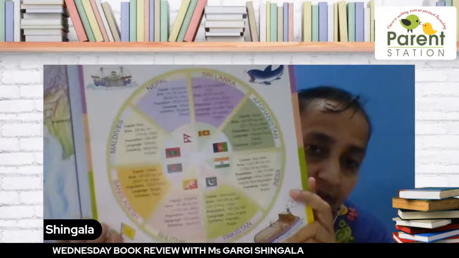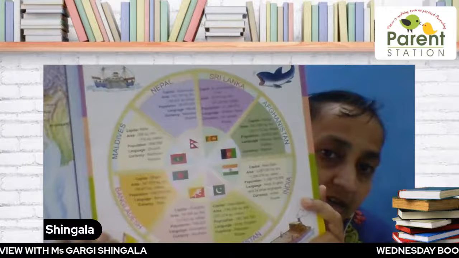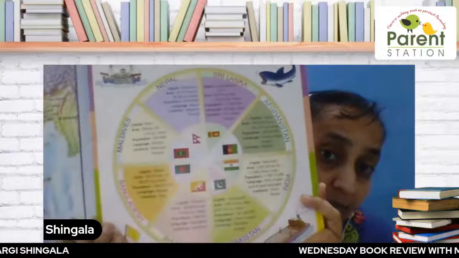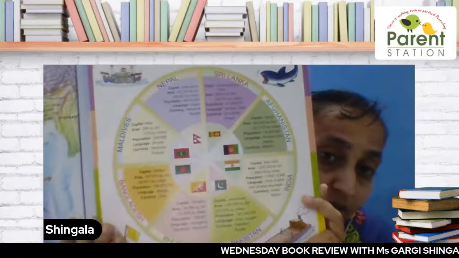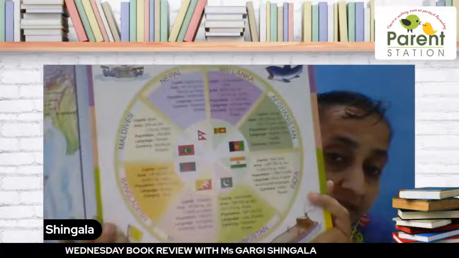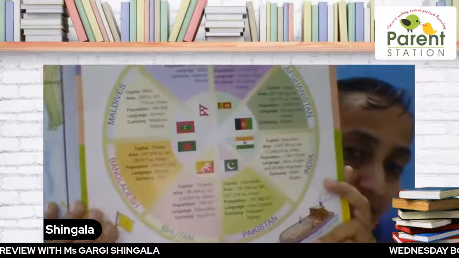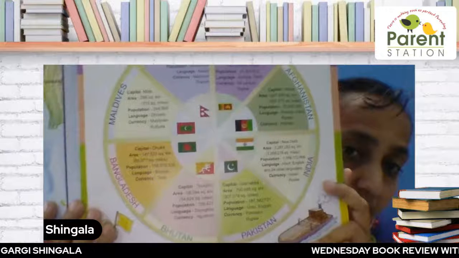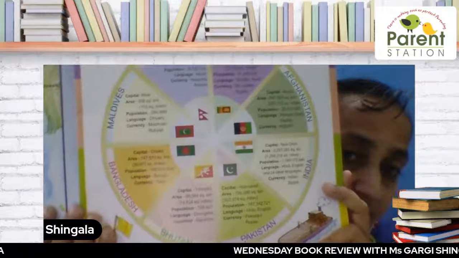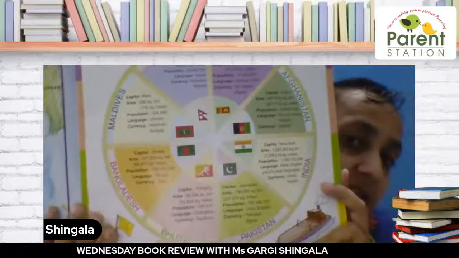We have Maldives, Nepal, Sri Lanka, with their flags, their population, their language, their currency, Afghanistan, India, Pakistan, Bhutan, and Bangladesh. All the detail: the area that the country covers, the population, language, and currency. So these are the interesting facts that the child would love to learn.